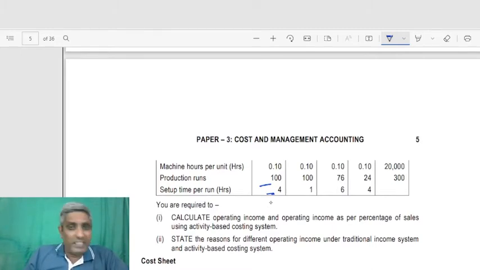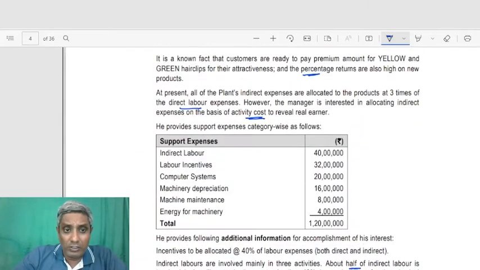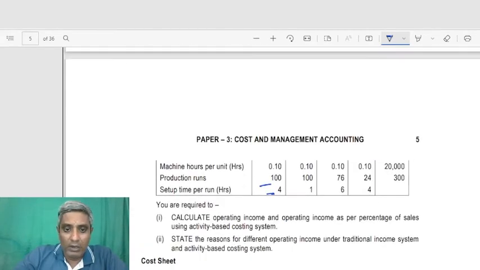From these details we have to find out the cost drivers and see how the support expenses can be allocated. Then calculate the operating income and operating income as a percentage of sales as per ABC, and state the reasons for the difference in operating income under the traditional income statement and the activity based one.